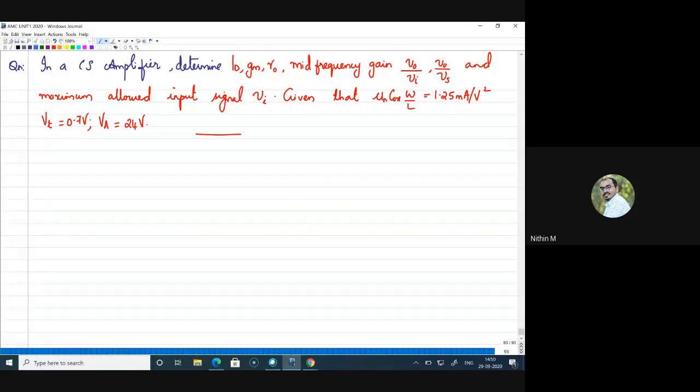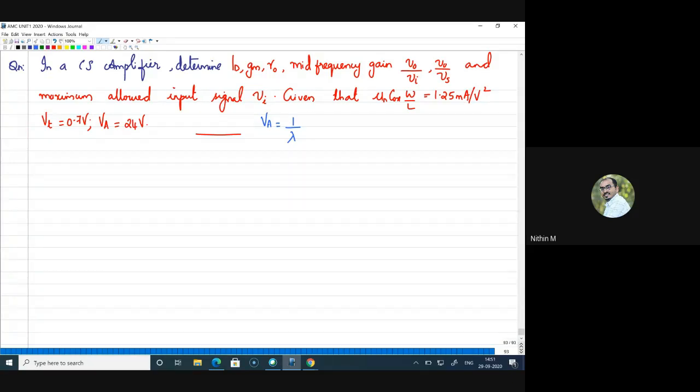I'll explain that very shortly. Maybe it needs a little more time. By then we will solve this numerical and we'll come back. So I'll just give the relation here. VA is nothing but 1 by lambda. You remember lambda, the unit of lambda is per volt and VA is in volt. So VA is nothing but 1 by lambda.